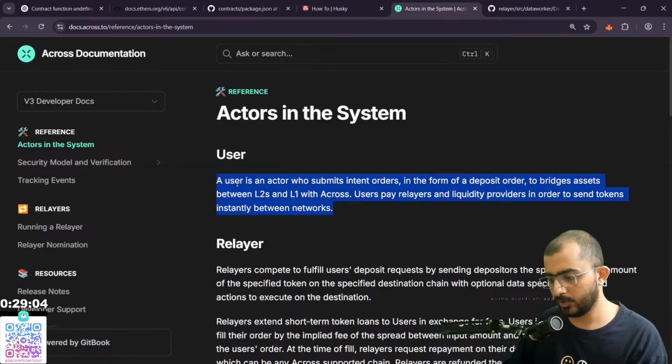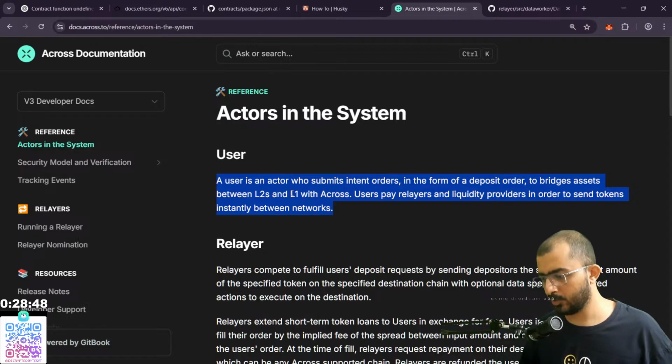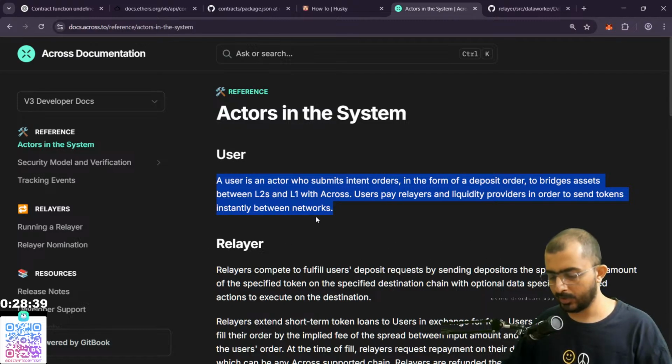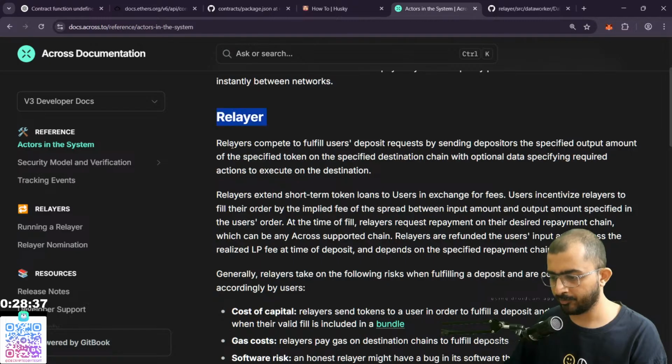Actors in the system. A user is an actor who submits intent orders in the form of a deposit order to bridge assets between L2s and L1 with Across. Users pay relayers and liquidity providers in order to send tokens instantly between networks. Relayers compete to fill. We know what relayers are.